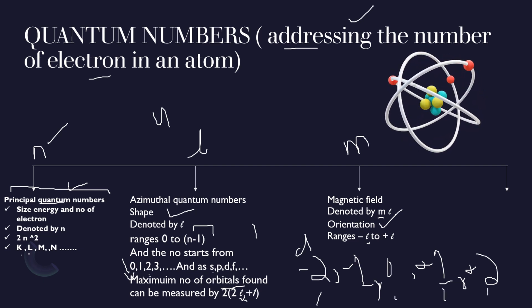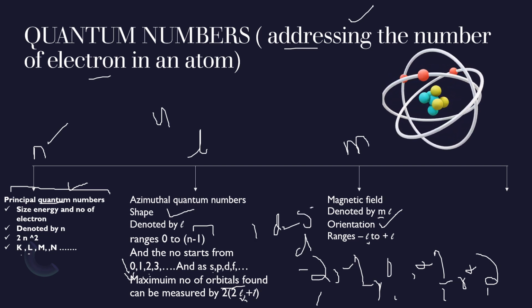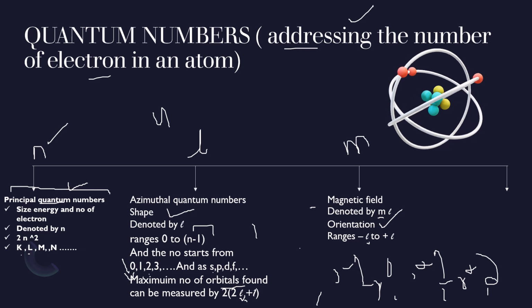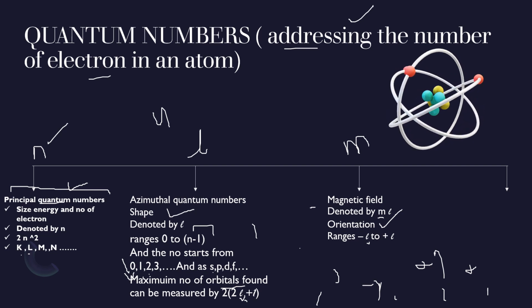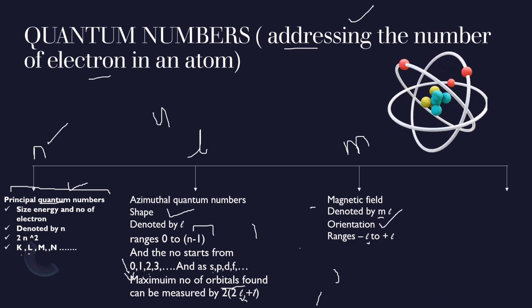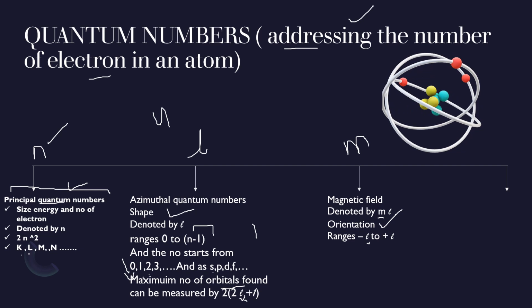So we say that the d shell has 5 orbitals. In this way we can find the magnetic quantum number. The word magnetic is used because it has a positive and negative charge, and you can memorize it by this term. Magnetic means positive and negative. Simple.